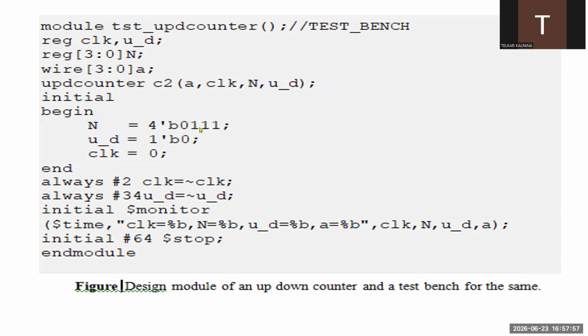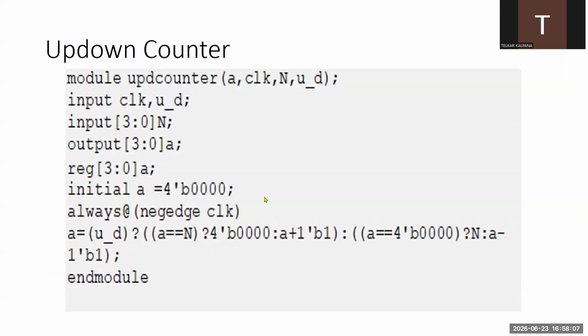Its decimal equivalent is 4 plus 2 plus 1, which is 7. So let us come to the program now.